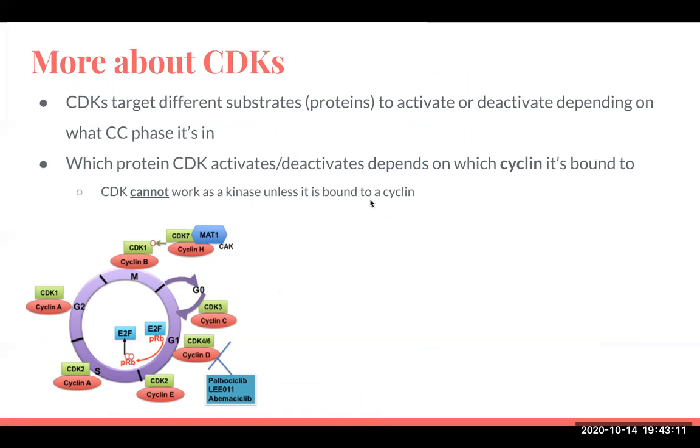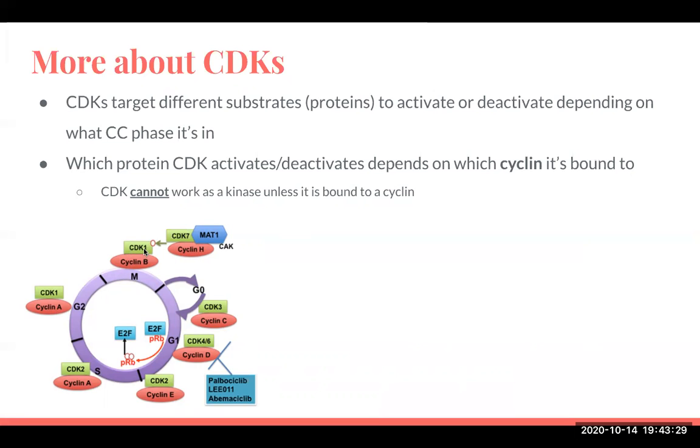CDK can't work as a kinase. It can't phosphorylate or dephosphorylate anything unless it's bound to a cyclin. What cyclin does is give CDK the ability to phosphorylate the proteins relevant for that cell cycle phase. CDK alone can't do anything. It's useless.